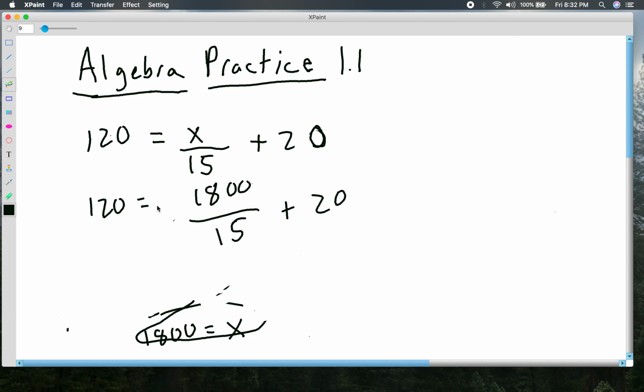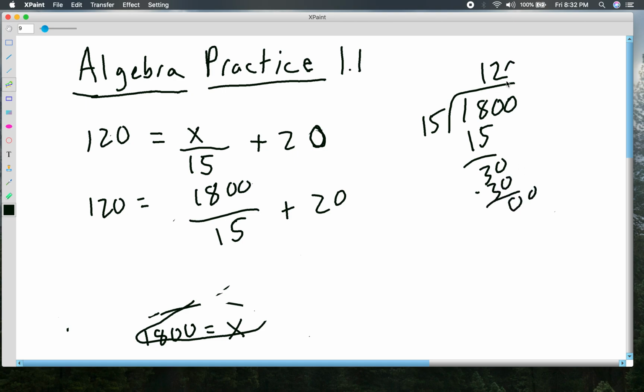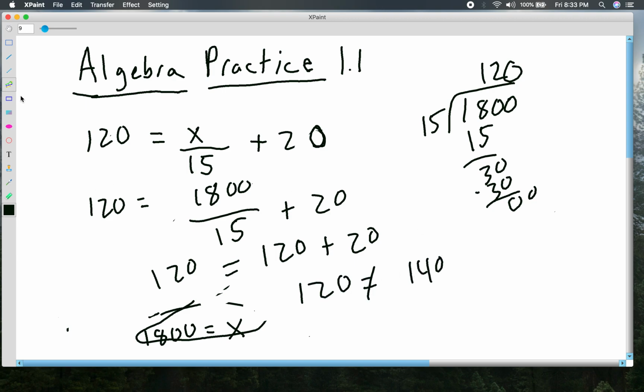We're going to have to fix this one, because 1800 divided by 15 is 120, and 120 plus 20 is not equal to 120. So this 120 is not equal to 140. So we did something wrong.